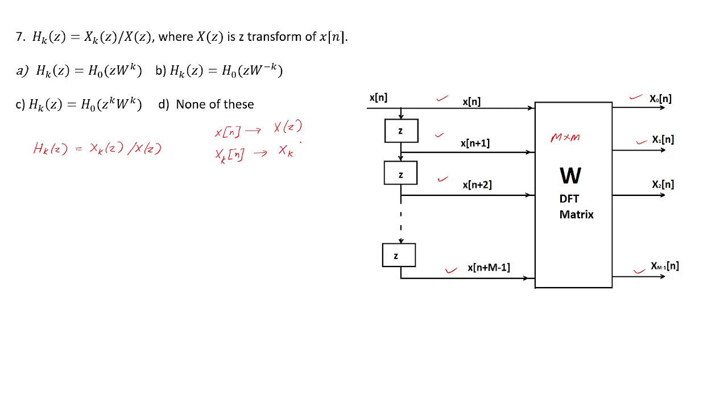The z transform, if we take, is X_k(z). So we are mainly interested in the relation between H_k(z) and H_0(z), where H_k(z) is the transfer function for the kth branch. So you obtain the DFT formula, if we remember.